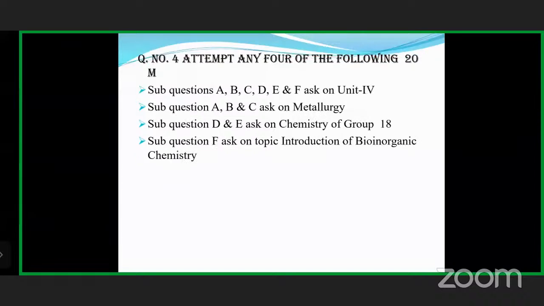Now the last descriptive question, question number 4. Attempt any 4 of the following, 20 marks. Again total 6 sub-questions, you have to solve any 4, and each sub-question carries 5 marks. This question number 4 belongs to unit 4. The first 3 sub-questions, A, B, C, are asked on metallurgy.